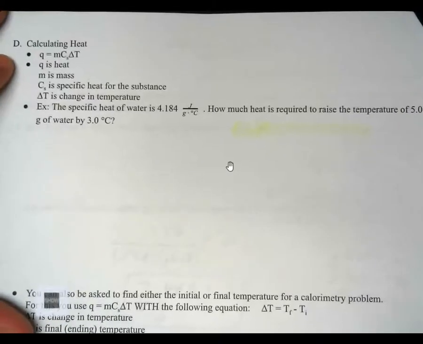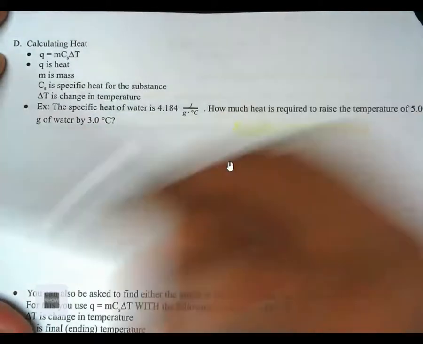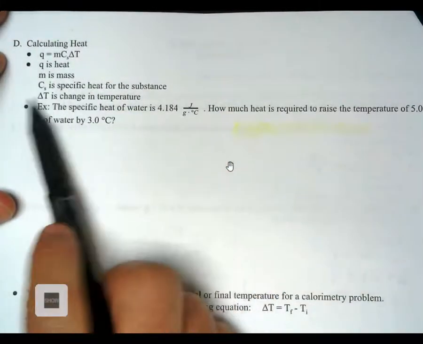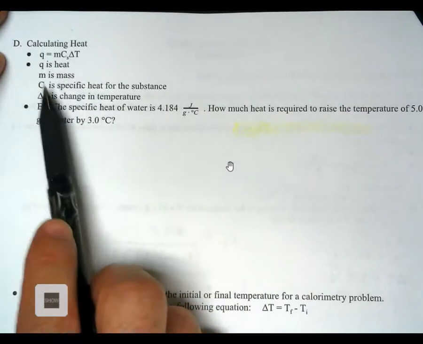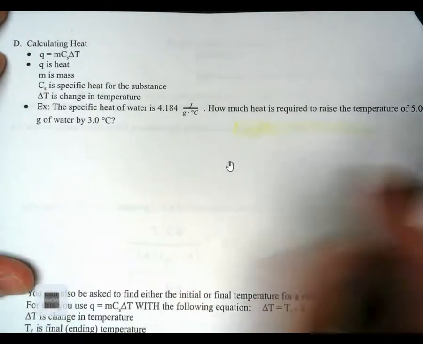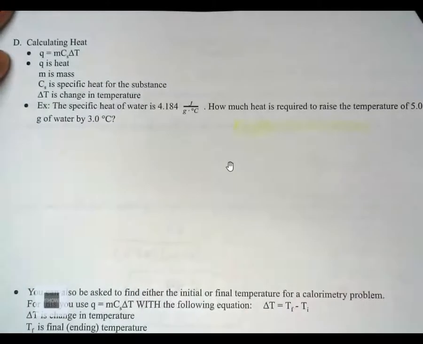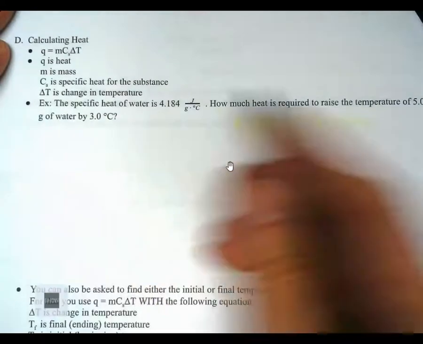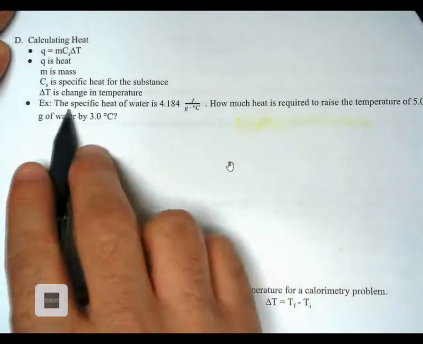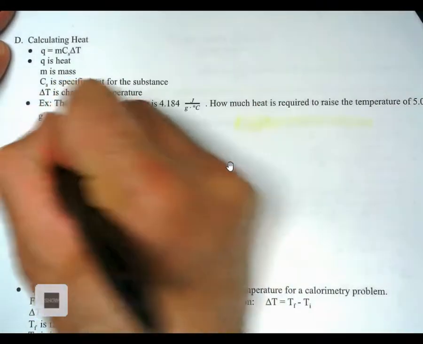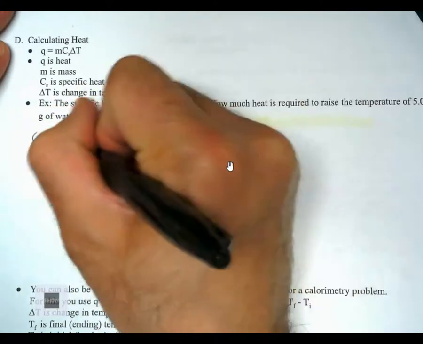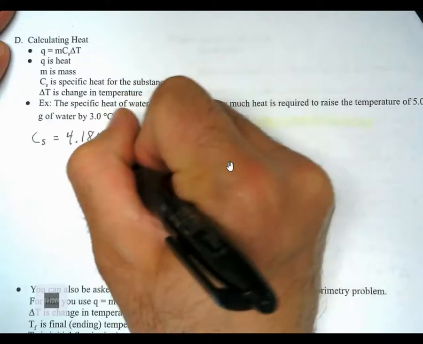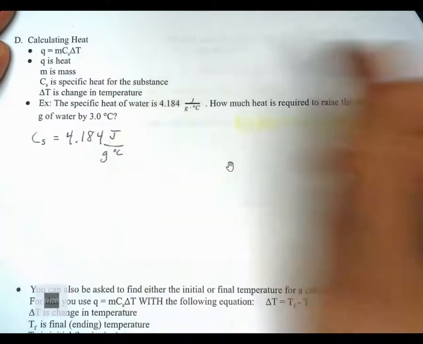And again, I've put the variables. The variables are the exact same as on the front page. Q heat, m mass, C sub S specific heat, delta T is change in temp. Okay, so let's do this problem. Again, same thing, I'm just going to organize the information I have. The specific heat of water is this, so that's C sub S, 4.184 joules over gram degree Celsius.